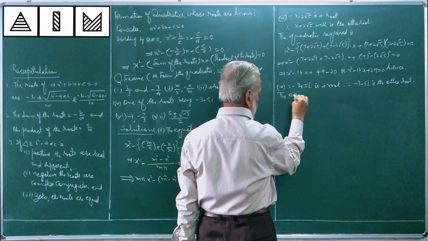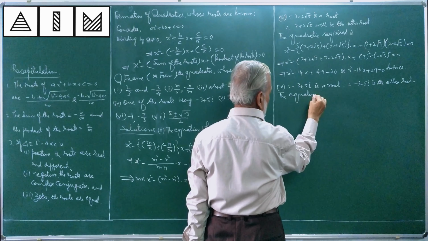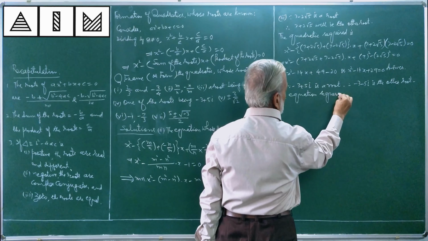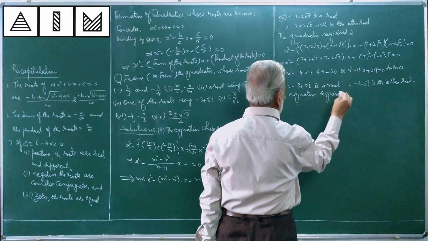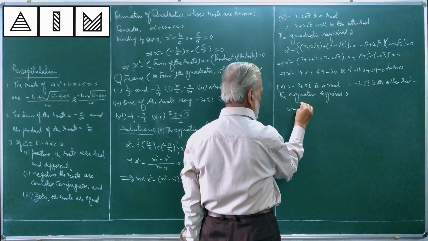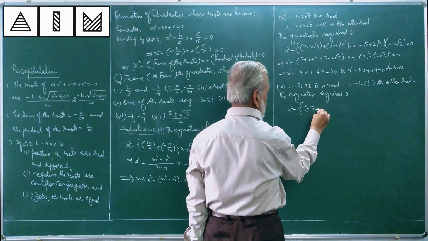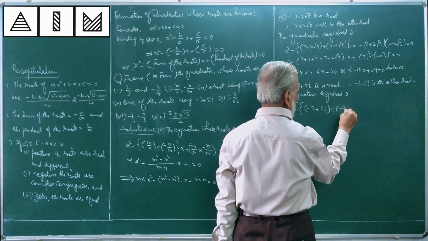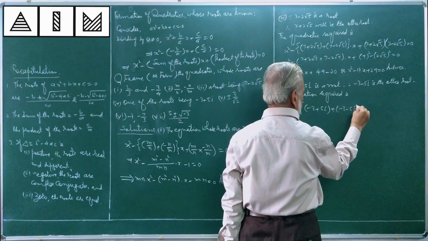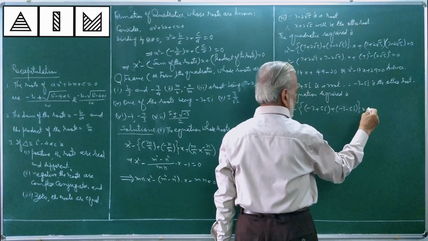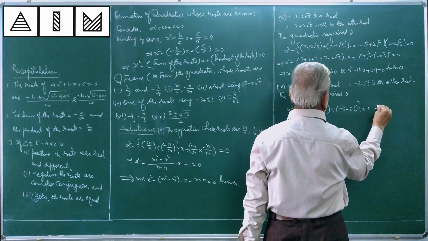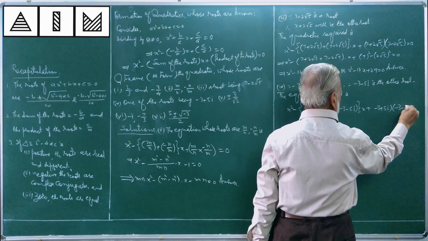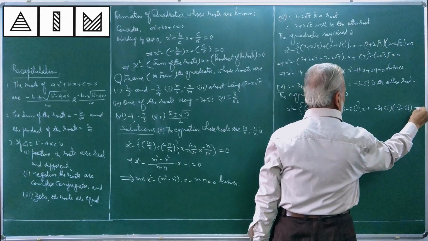The equation required is x square minus sum of the roots, minus 3 plus 5i plus minus 3 minus 5i, into x plus product of the roots, minus 3 plus 5i into minus 3 minus 5i, is equal to 0.